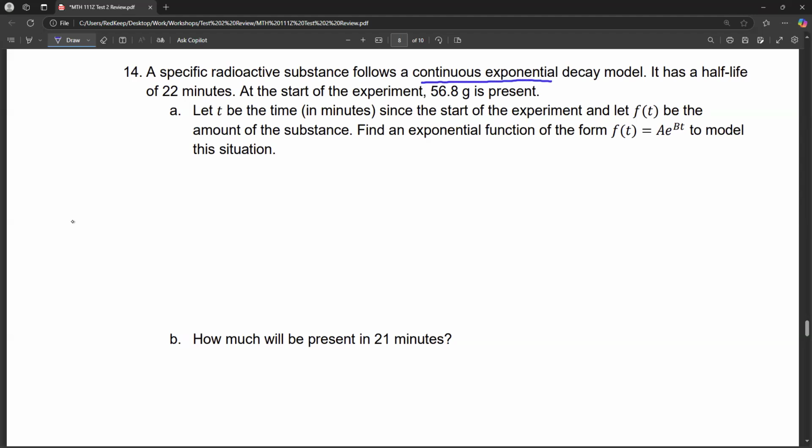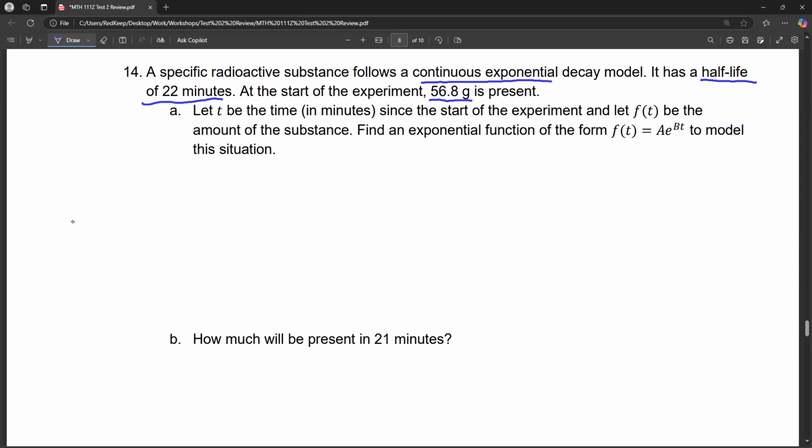Its half-life is 22 minutes, and that's going to be important. At the start of the experiment, there was 56.8 grams present. These are all very important things, so we'll keep these in mind as we move through this problem.